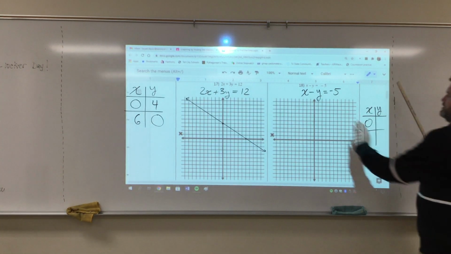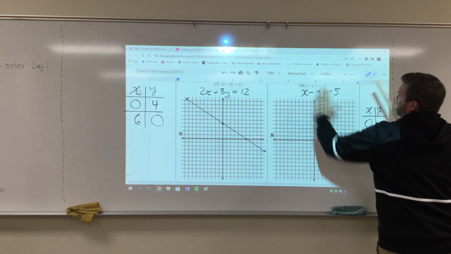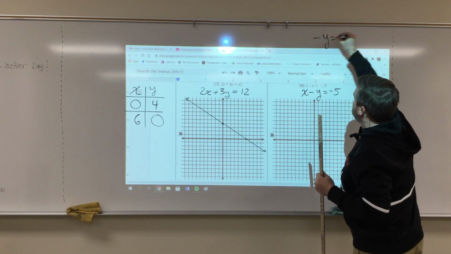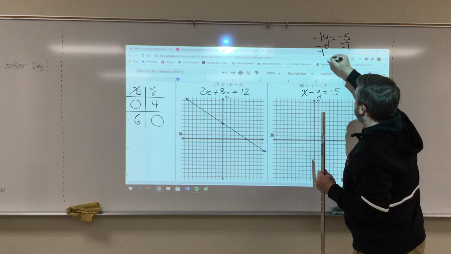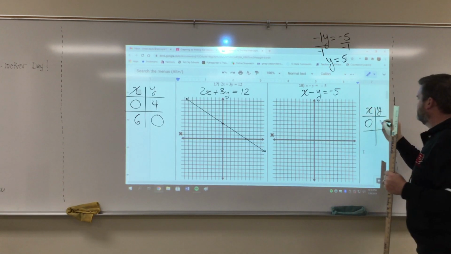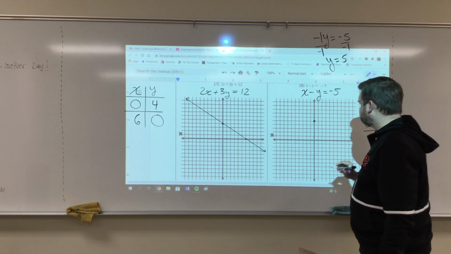If I let x be 0, I have -y equals -5. So -y equals -5, that's a ninja 1 right there. If I divide both sides by -1, I get rid of this negative, and I get y is a +5. So that means my y-intercept is +5.